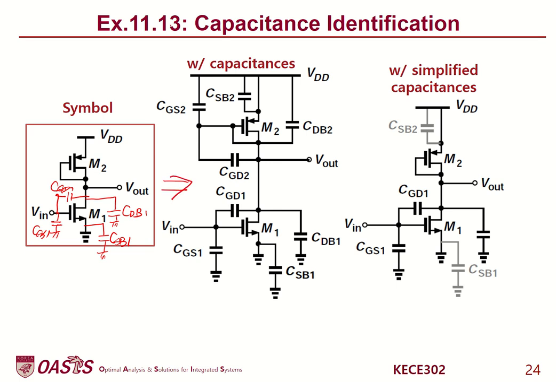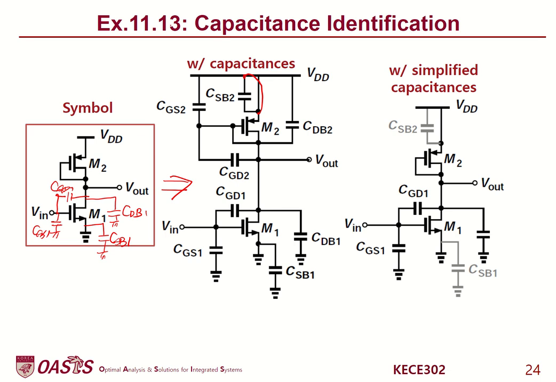And based on this complicated capacitance array, we need to find out which ones can be cancelled out. So as long as 2 nodes of a capacitor are connected to the same node, which means that this one and that one are connected to the same, then actually CSB2 can be cancelled out.